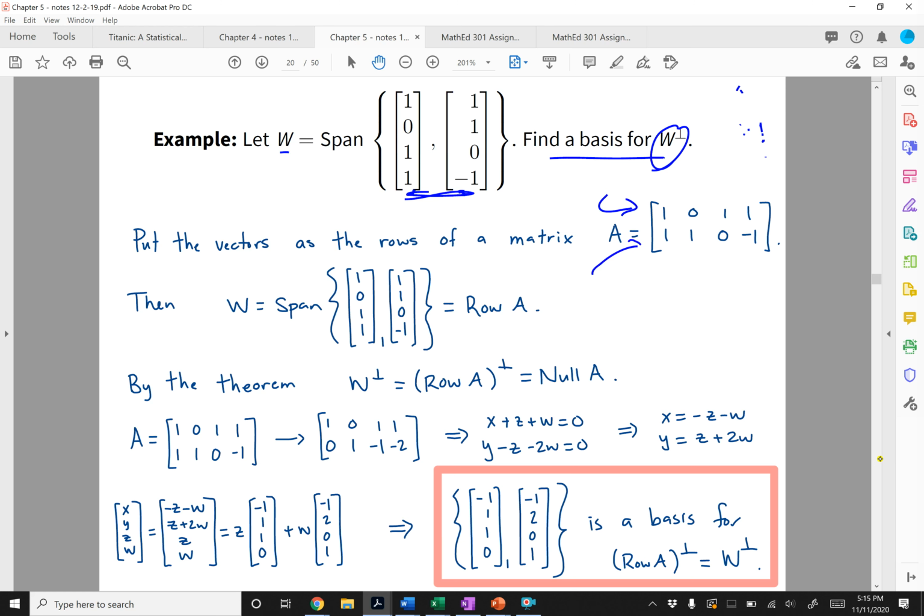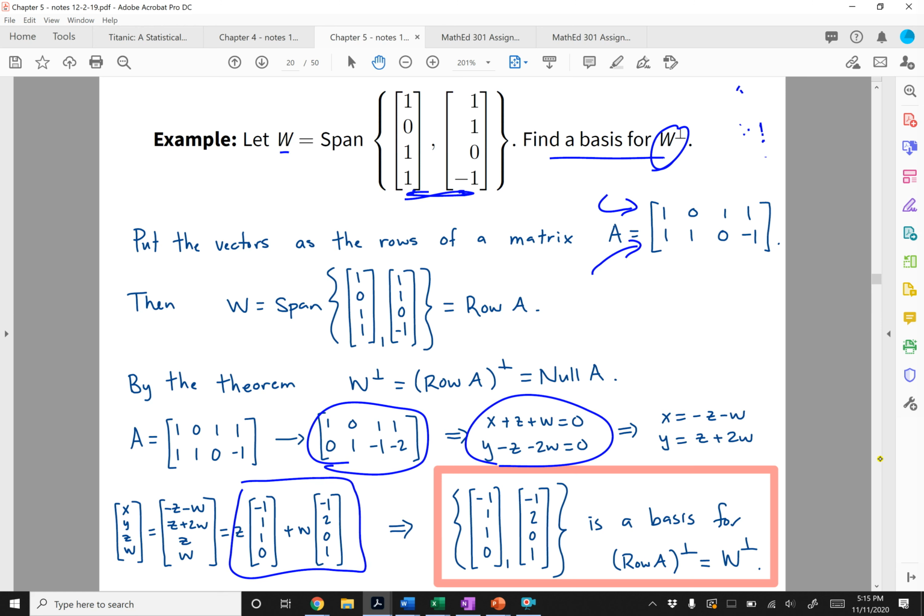So you turn them into row vectors. Now we have A. We row reduce the system, turn it back into our equations and solve for x and y.